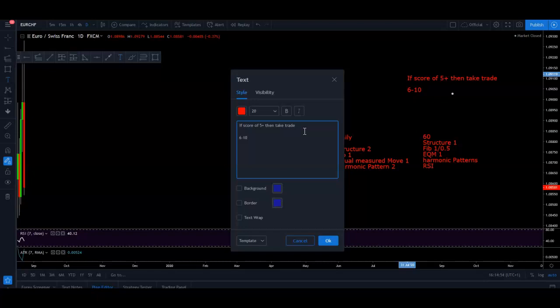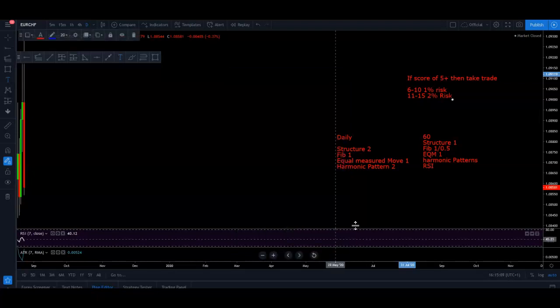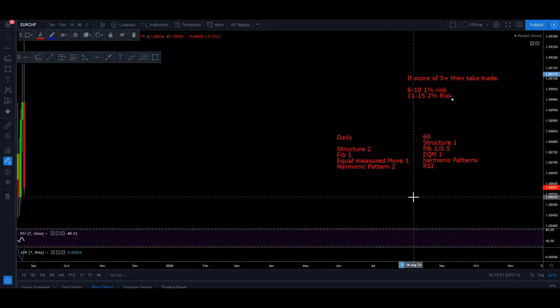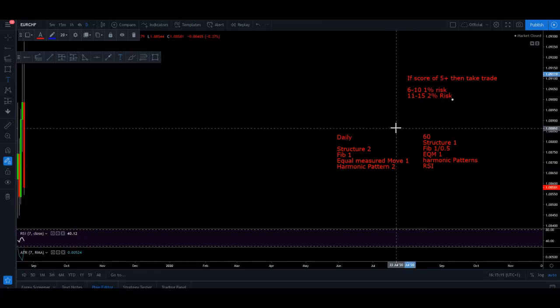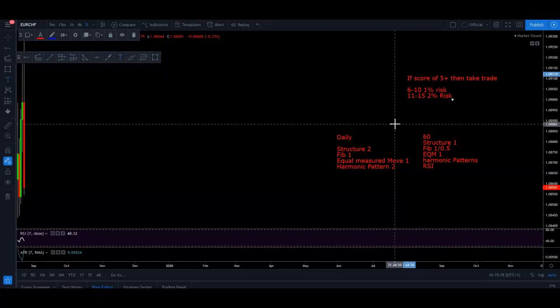So 6 to 10, I do 1% risk. Let's say 11 to 15 score, you do 2% risk, just because it's more confluent. So technically, it should be a better high probability trade. So these are a few rough guidelines, a few rough opinions from me, just what I would do personally.